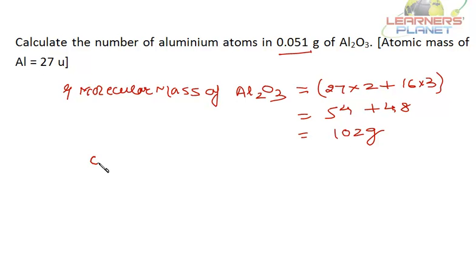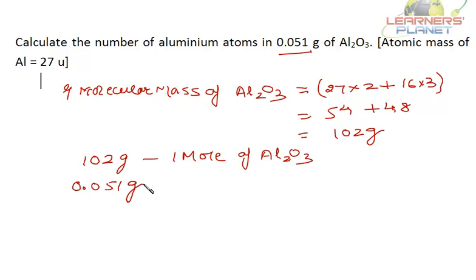Right? Now 102 grams makes 1 mole of Al2O3. So 0.051 gram of aluminum oxide will be equal to how many moles of aluminum oxide? 1 by 102 into 0.051. So that will be equal to how many moles?